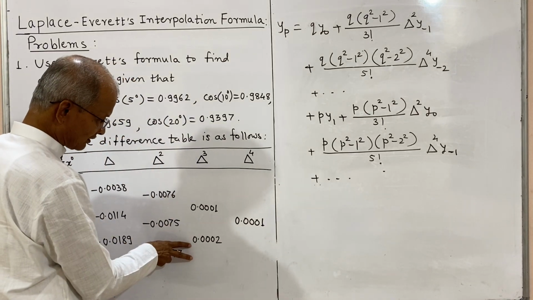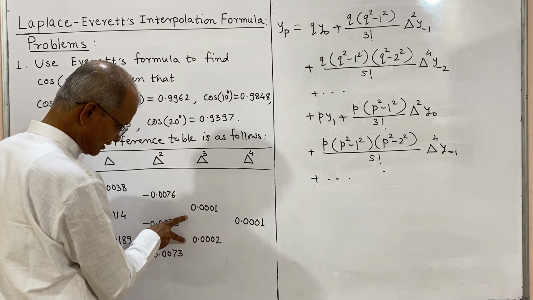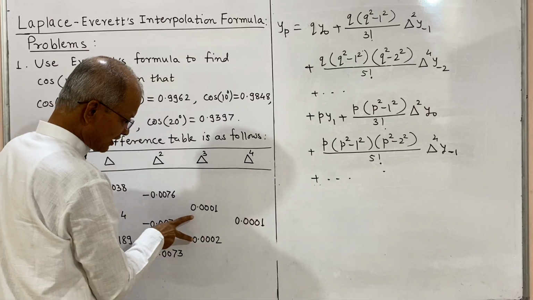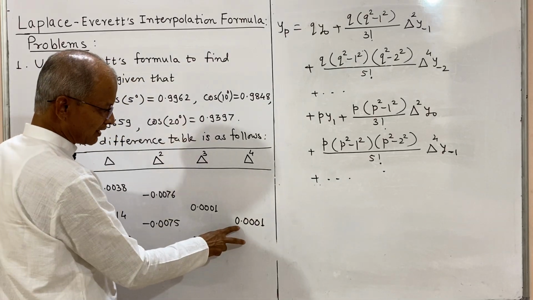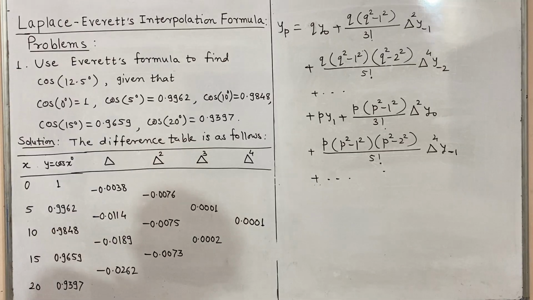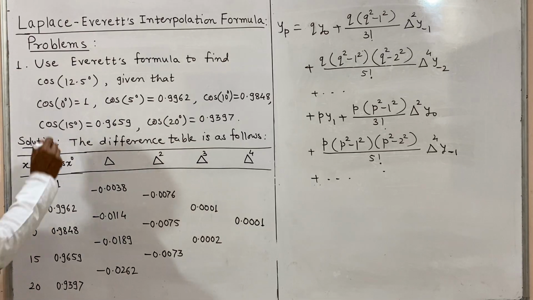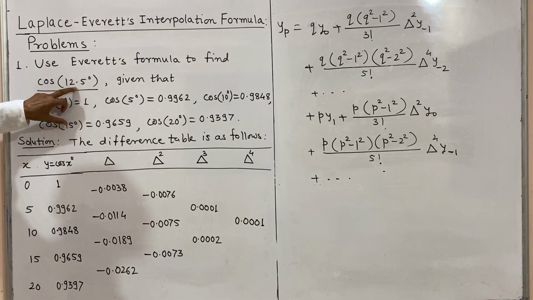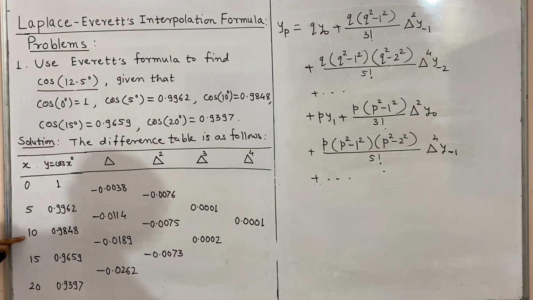Similarly these third order differences are written here, and the last difference is the fourth order difference, which is the difference of these two values, and it is 0.0001. So these are the differences in the difference table, and what is asked is the value of cos 12.5 degree. The argument 12.5 degree, that is the value of x, lies near this value 10.